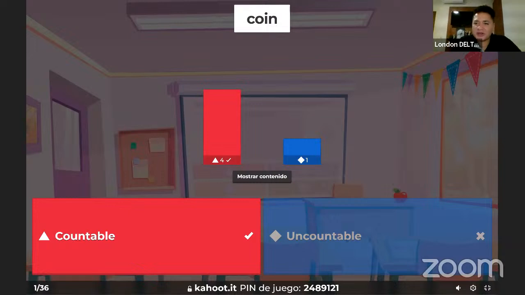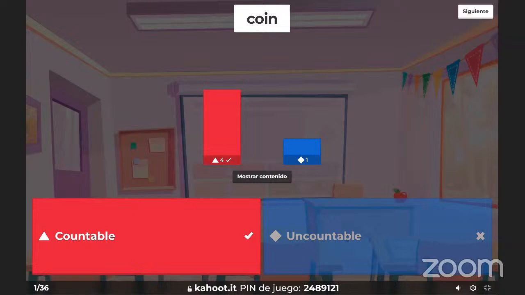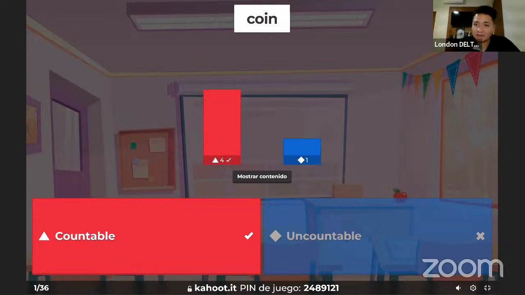You give money to animals and it's trash, right? So these things, coins and bills, they exist, pero el concepto, dinero, utilizar estas monedas, estos billetes como dinero, eso es un concepto humano. Eso es algo que nosotros le damos ese valor. Por lo tanto, money es abstracto. Por lo tanto, es incontable.